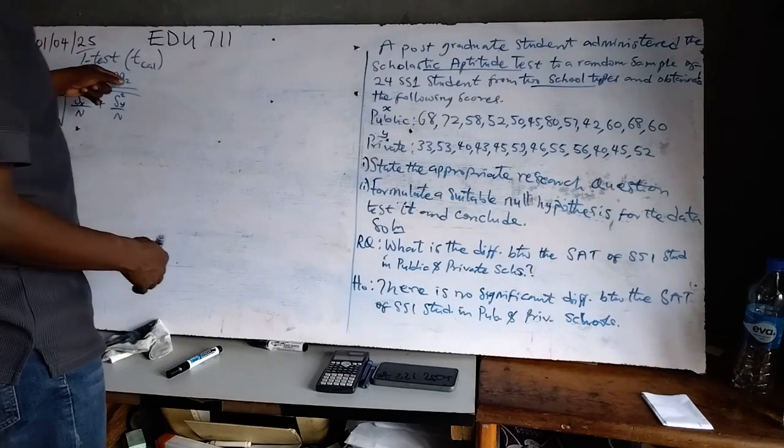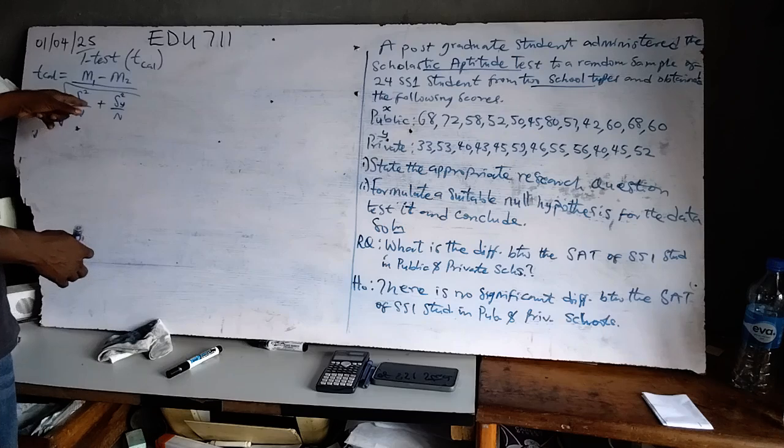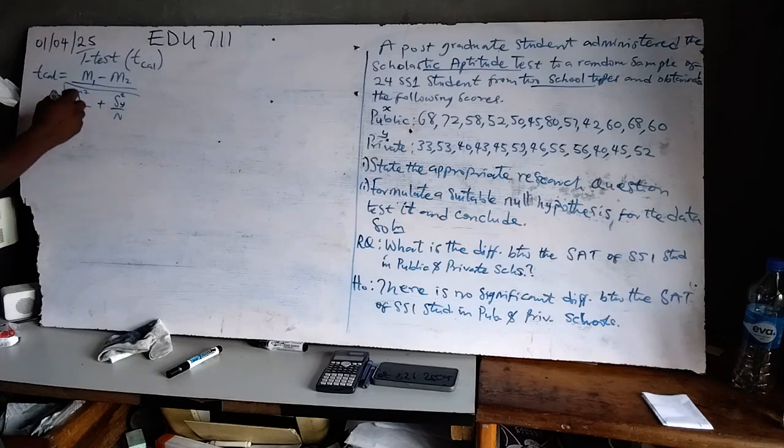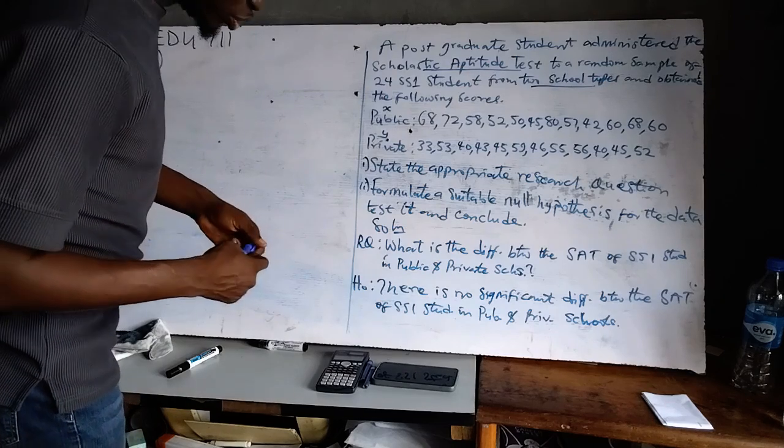So M1 minus M2 over s squared of x over n1 plus s squared of y over n2. So that is what we need to do.